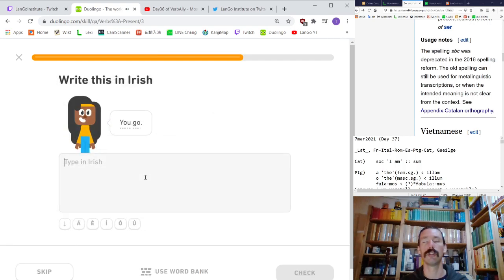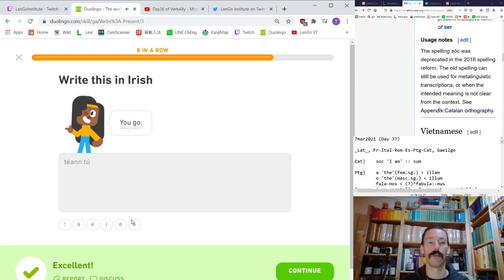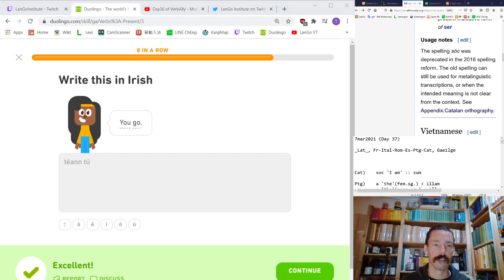You go. Téann tú. That nice Indo-European verb, steigkesi it would have been. Let's look at that. Well, the form, this form of course, is invariant. Irish. Téigh. Téann.